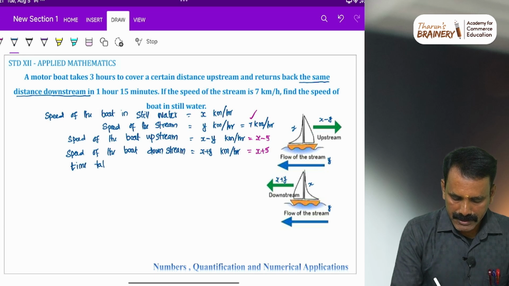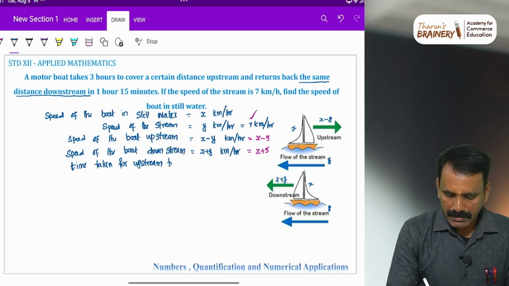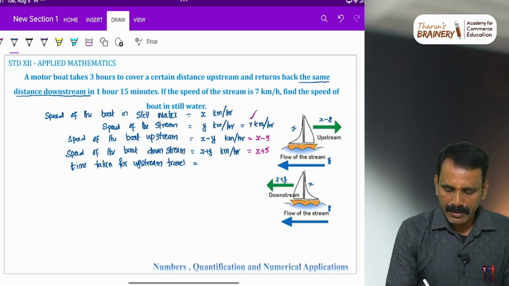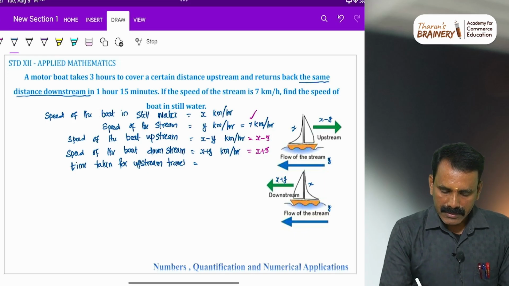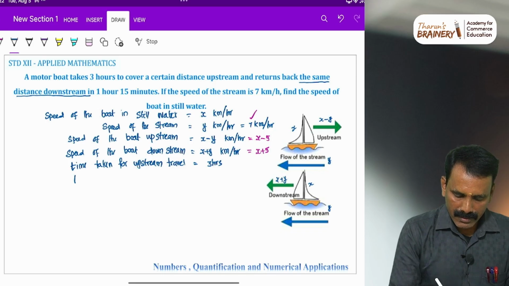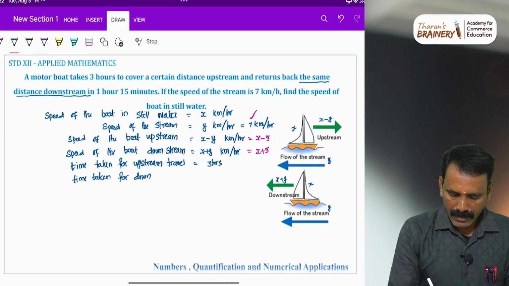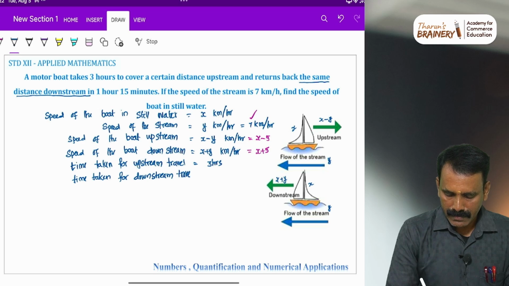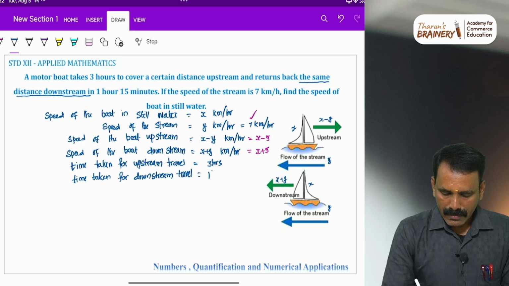Now time taken for upstream travel is given to be 3 hours. And time taken for downstream travel is 1 hour 15 minutes.